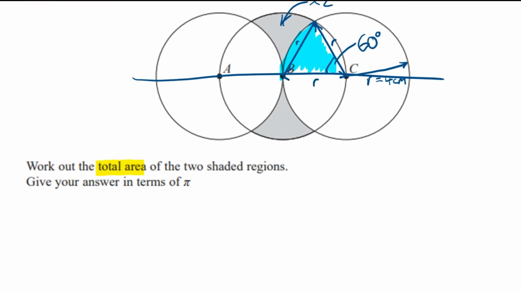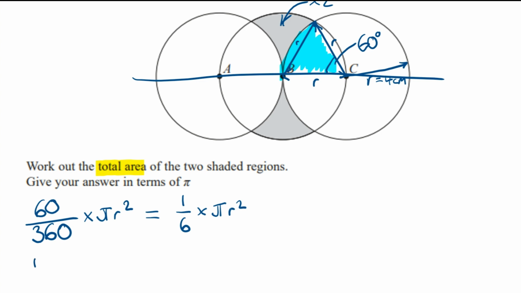And I'll show you why. We've got here 60 divided by 360 times pi r squared. 60 over 360 is 1/6, because if you divide both by 10, you've got 6 over 36, and then divide those both by 6, you get 1 over 6, times pi r squared.